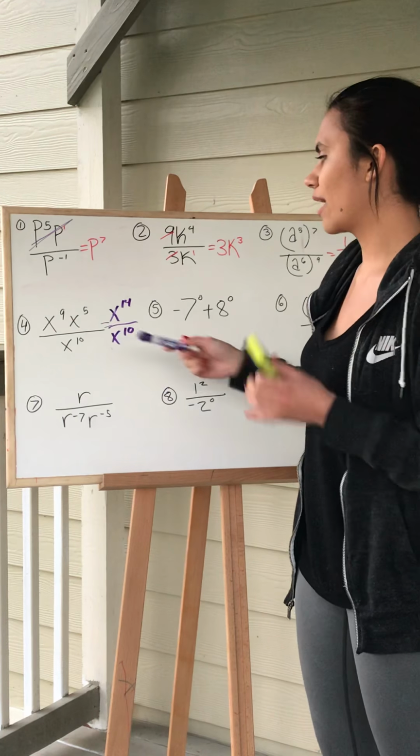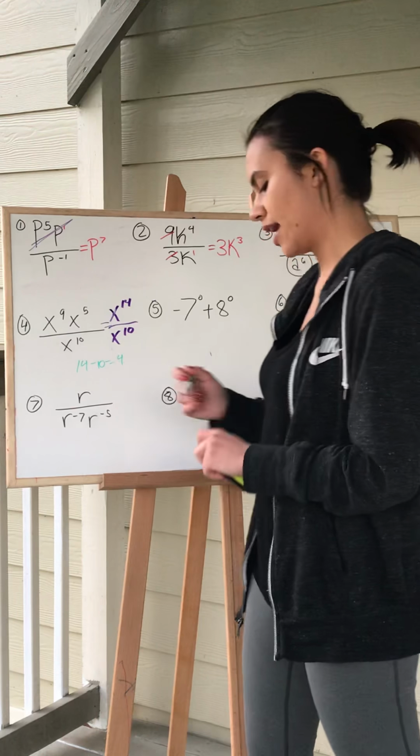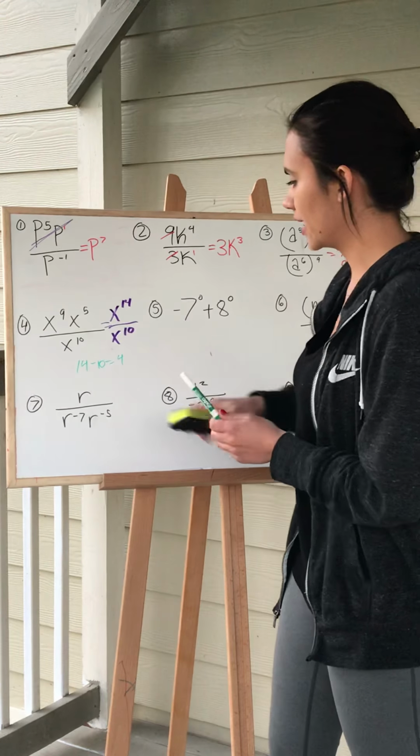So when we do that, we're going to do 14 minus 10, I like to write it, we get 4. I like to have clear writing. That's the type of person I am. Obviously, I can do that mental math, but I like to write it, especially when there's a negative in there. It's a good habit. So then our answer is x to the 4th.